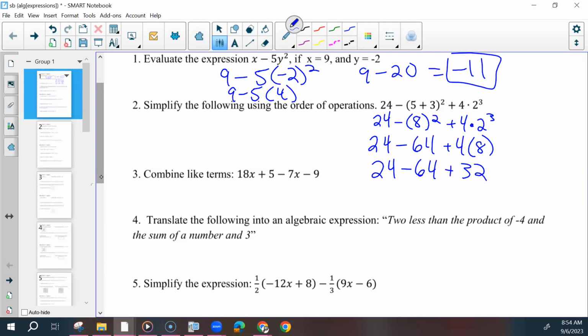So this should be -40 plus 32, so -8. So don't second guess yourself. That is one big issue I always see, that we think it's this, but then we change because this couldn't be right. Right, questions about those 2?